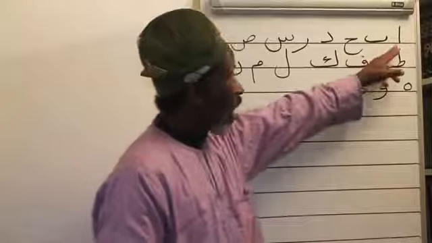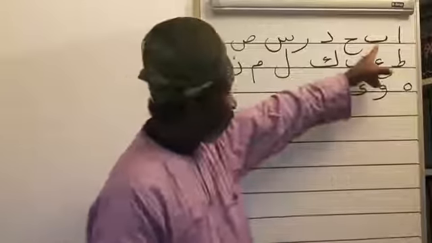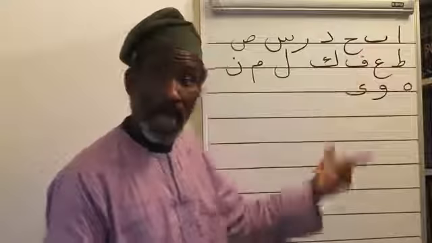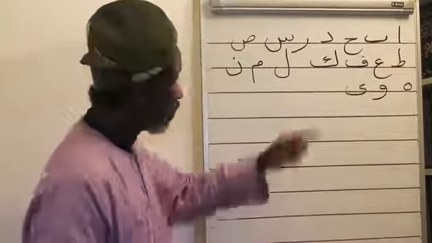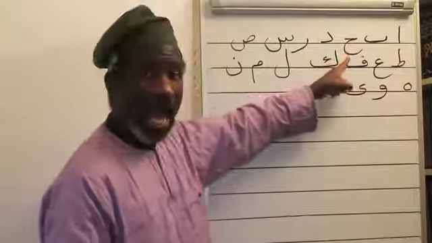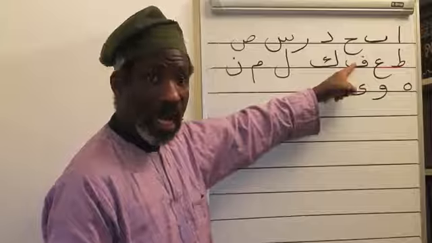So, alif on its own, this shape. With this shape you make ba, ta, tha. And with this shape, you make ha, jim, ha, and kha.